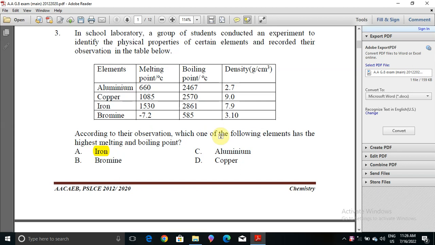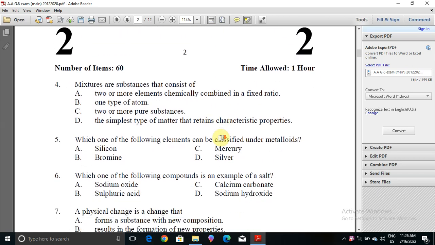Now question number 4 is asking: mixtures are substances that consist of what? 2 or more elements chemically combined in a fixed ratio, one type of atom, 2 or more pure substances, or the simplest type of matter that retains characteristic properties.